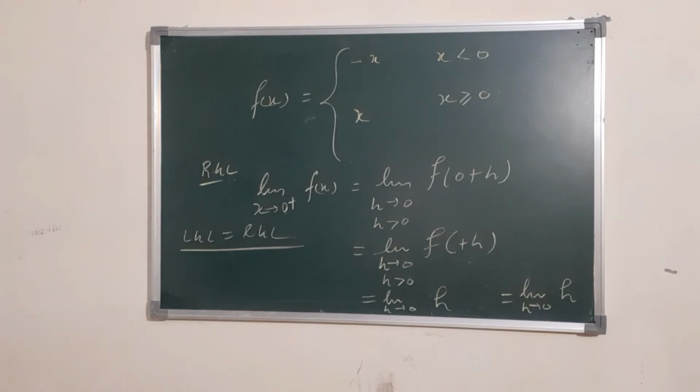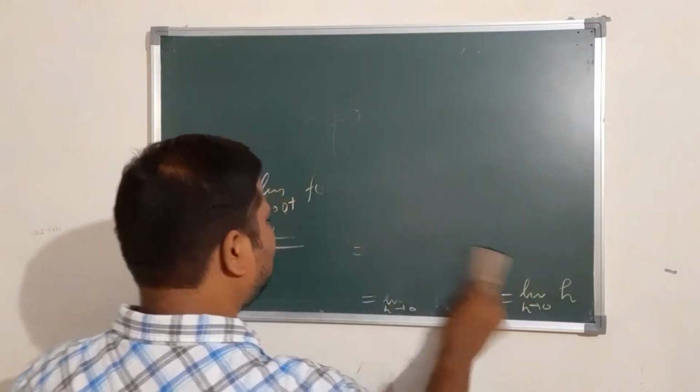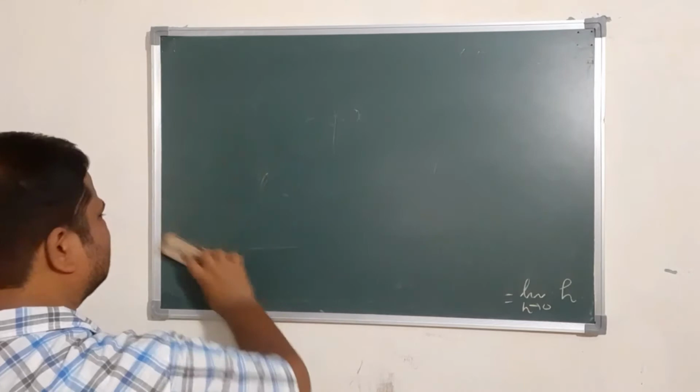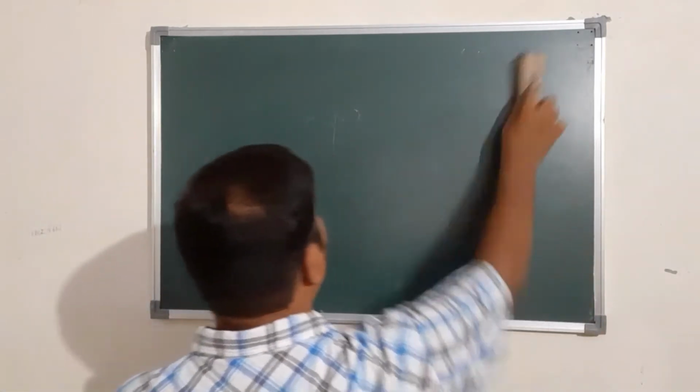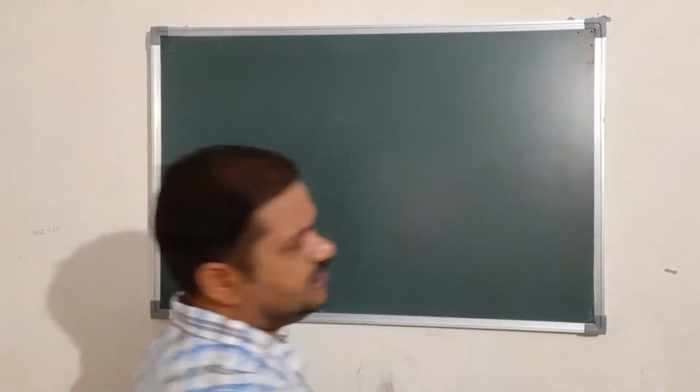So continuity of the function is nothing but if the limit of the function exists and is equal to the value of the function at that limit, then we can say the given function is continuous.